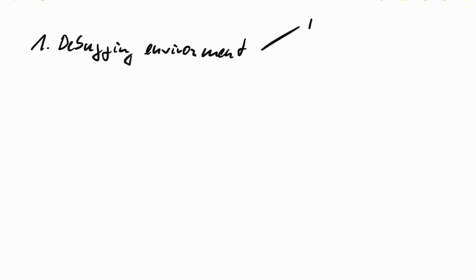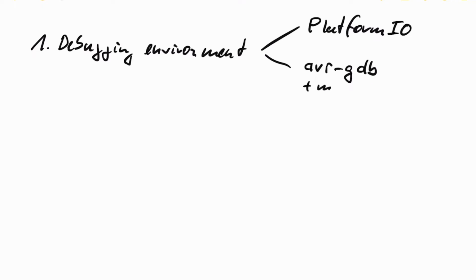Well, first of all, we have to install a debugging environment. And that could mean that we download and install PlatformIO. Or alternatively, we just could install AVR GDB. And then we have to do some mods on the configuration files of the Arduino IDE. Okay, that's the first step.